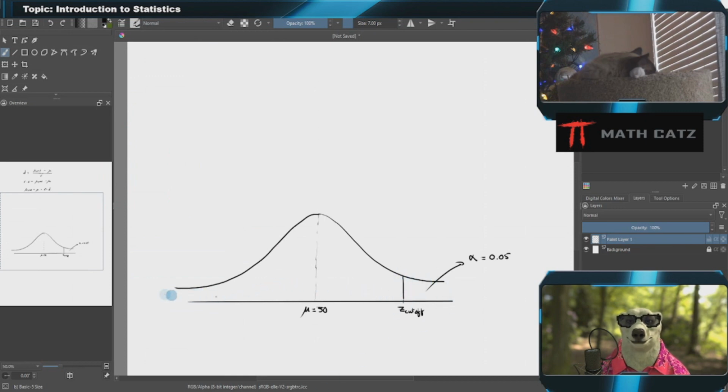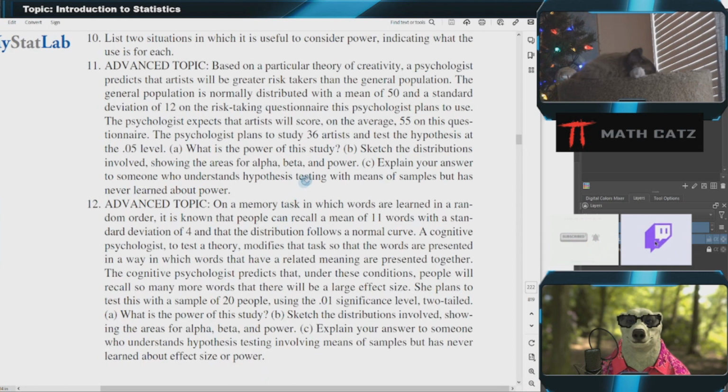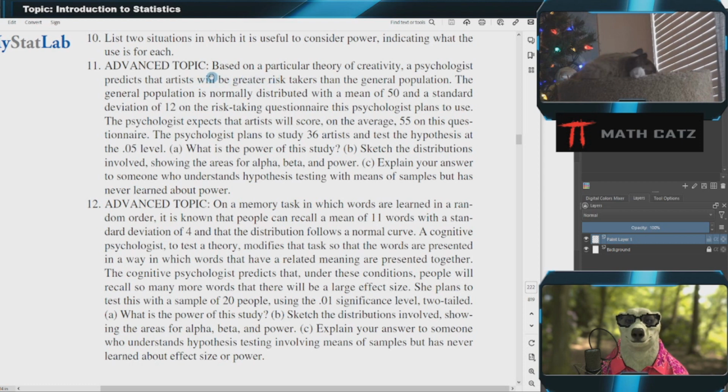Now the way that is set up is it's cumulative, so it's going to be the left side of this cutoff line, and I specifically have a right-tailed situation when we look at the question. We're looking at if the artists will be greater risk takers.